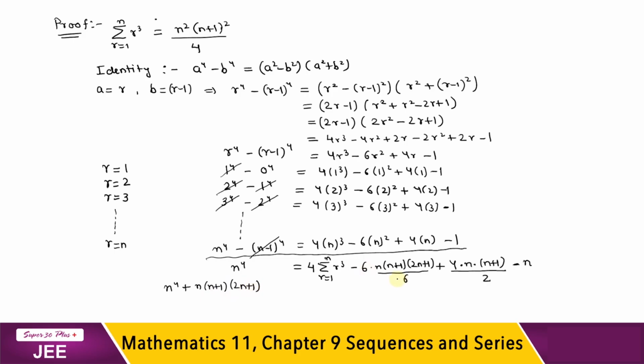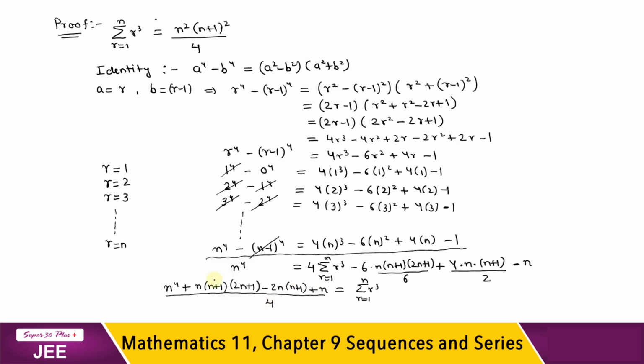This 6 gets cancelled off, and over here we can have a factor of 2 in numerator, which becomes minus 2 times n into n plus 1, and this minus n comes over here in the form of plus n, is equal to sigma r cube, r equals to 1 to n, and this 4 when transposed over here gets divided and comes in the denominator.